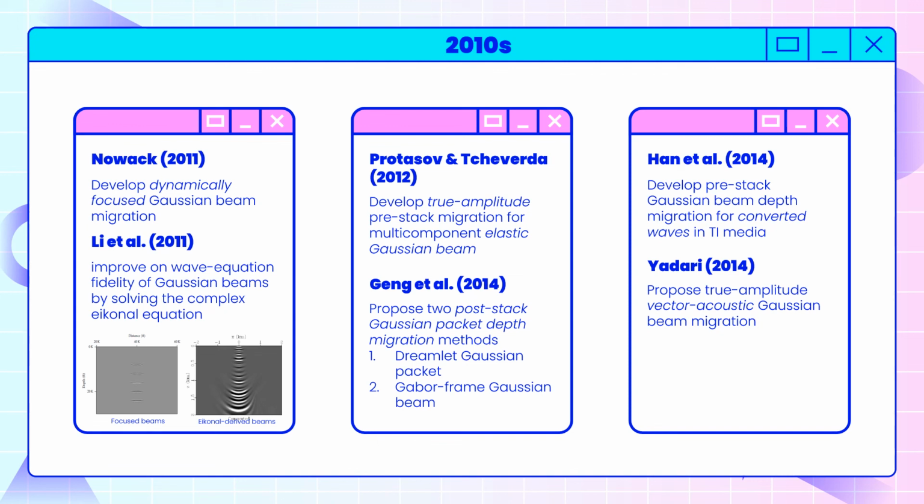Li et al. in 2011 developed a constructive algorithm to improve wave equation fidelity of Gaussian beams by solving the complex eikonal equation, rewriting the complex travel time as background real and imaginary parts and their respective perturbations.